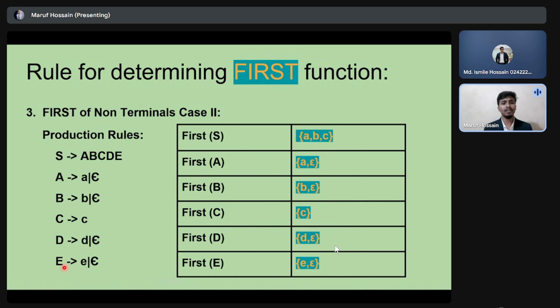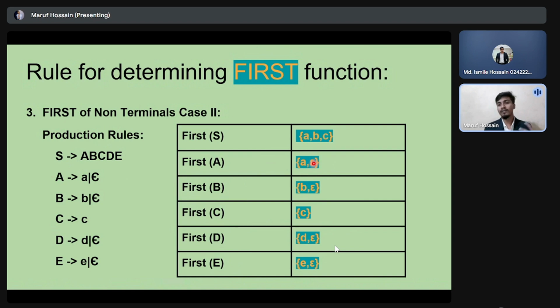Similarly, for E it is small e and epsilon. After finding these non-terminals, we have to move to S, and while finding the first set, we can see the first non-terminal is A, and we already see that A has two first symbols, which are small a and epsilon.